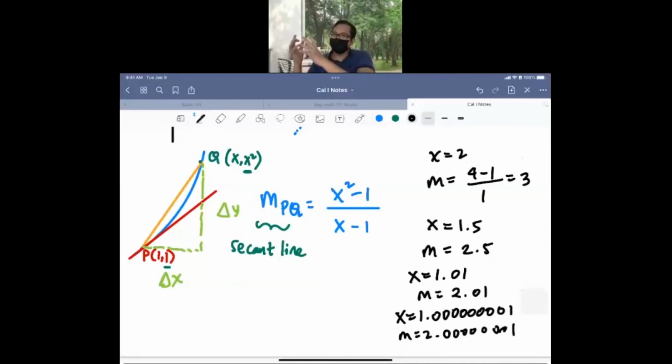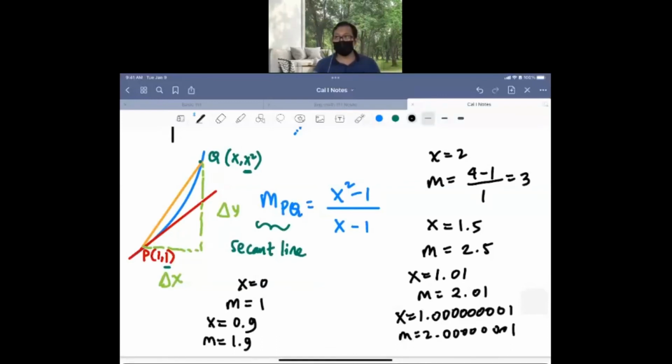So let's say we move Q to the left side. We start x from 0. If x is 0, then we have minus 1 divided by minus 1, which is just 1. Then we increase x, almost 1, maybe 0.9, and we get some m, maybe 1.9 something.